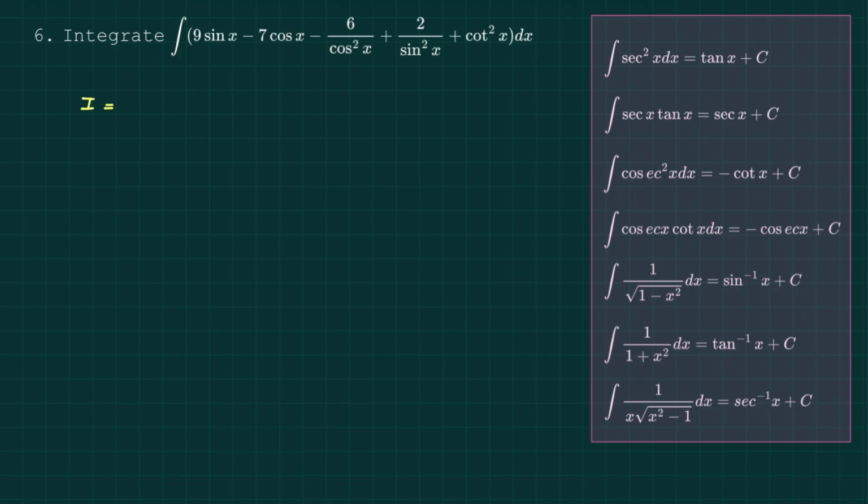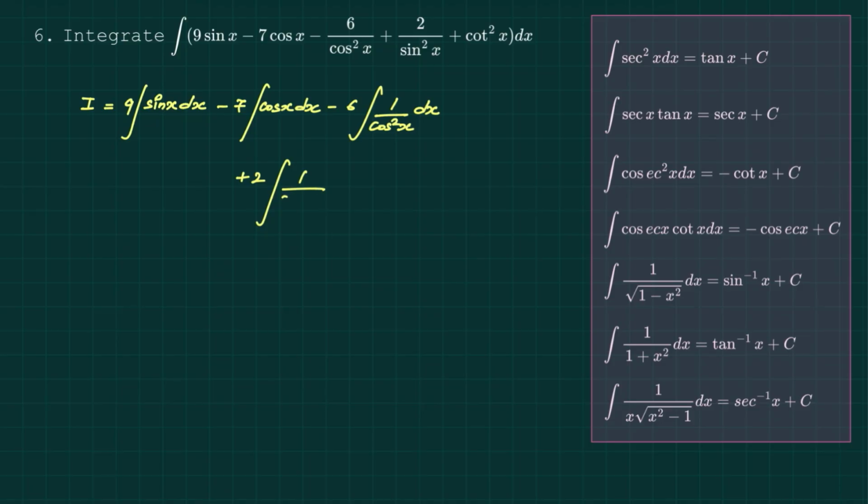Then it will be integration of 9, a constant, sin x dx, minus 7, a constant, integration of cos x dx, minus 6, a constant, integration of 1 by cos square x dx, plus 2, a constant, integration of 1 by sin square x dx, plus integration of cot square x dx.